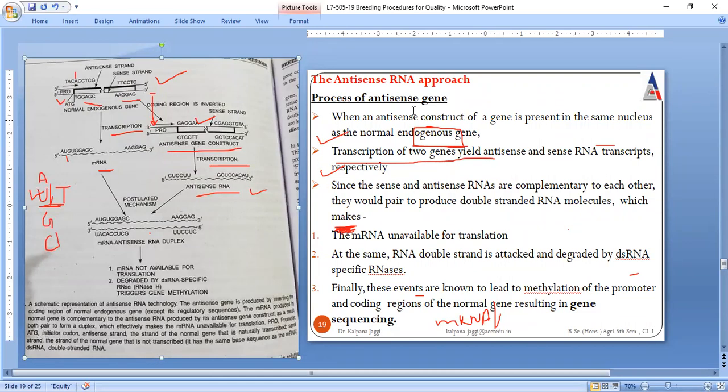Now what is the process of the antisense gene? Once the antisense construct of the gene is present, because we have to suppress, right?